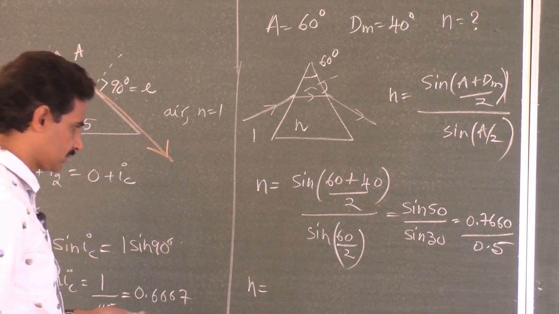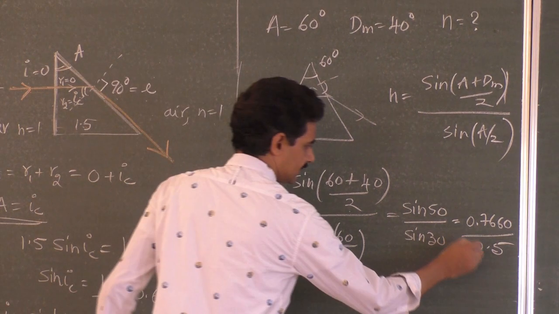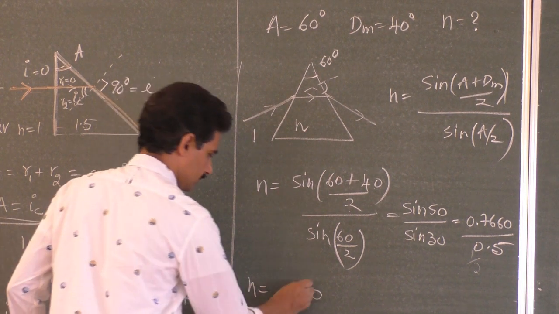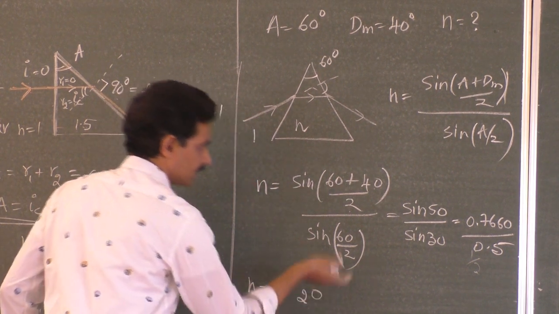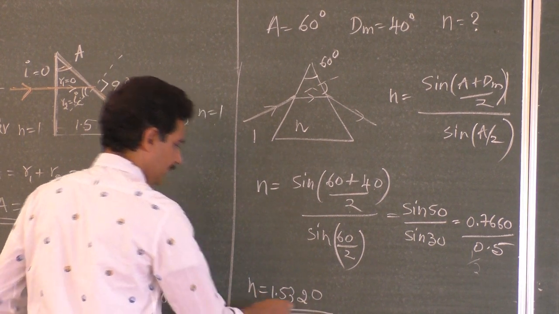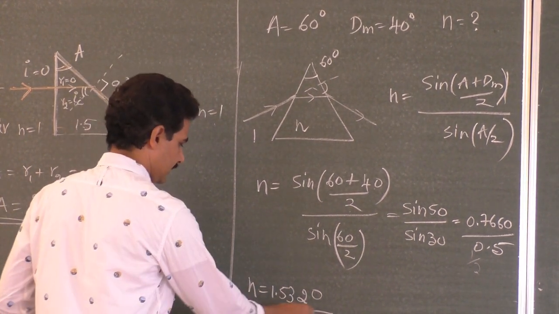It is double this answer, that's all. You could have taken this as half and multiplied this by 2. So 1.532 is the answer. That is the first part.